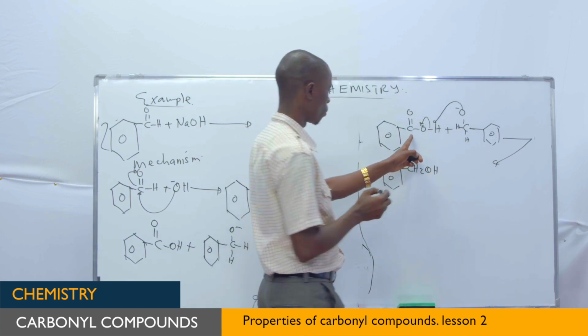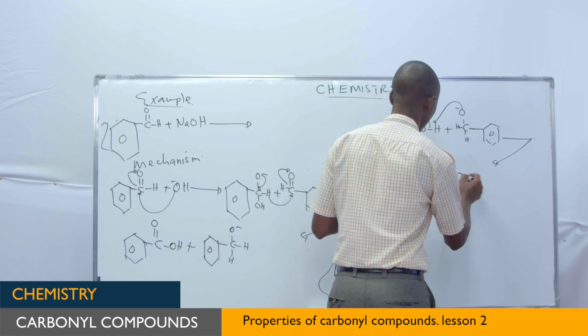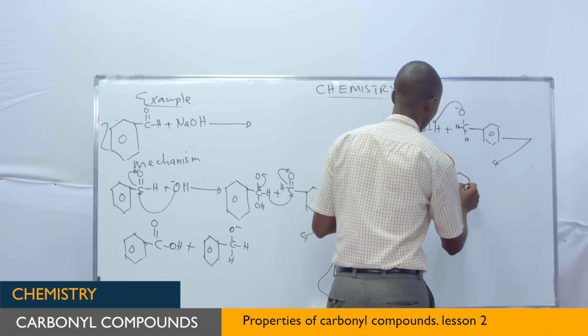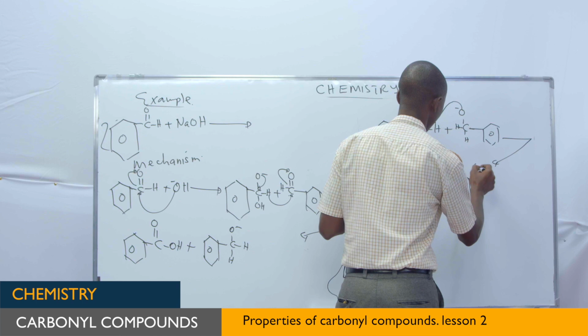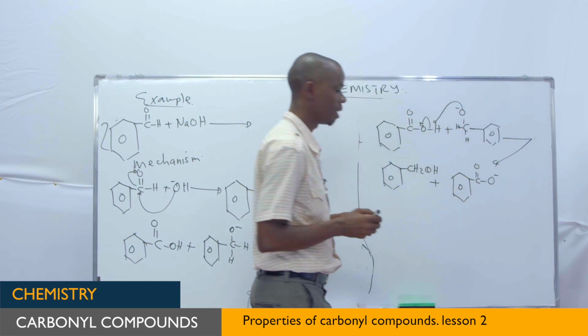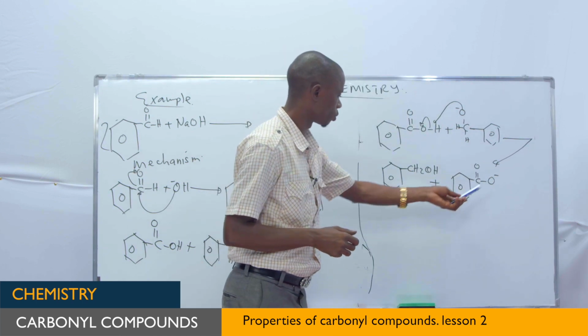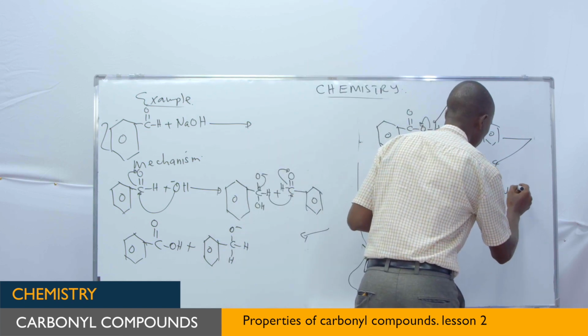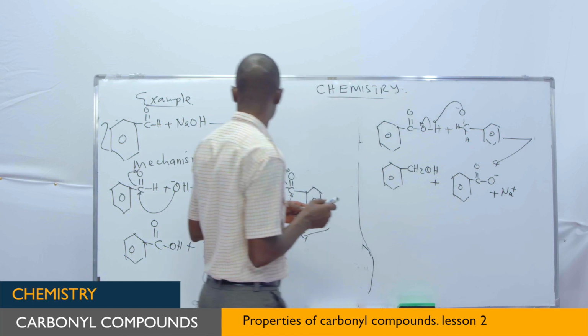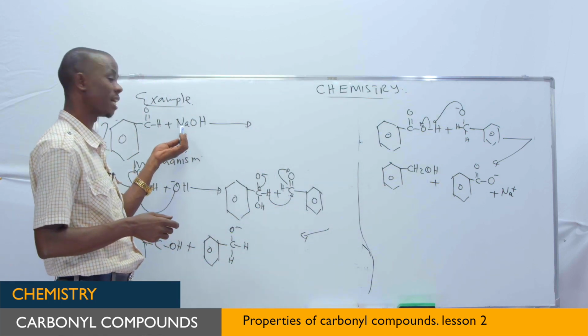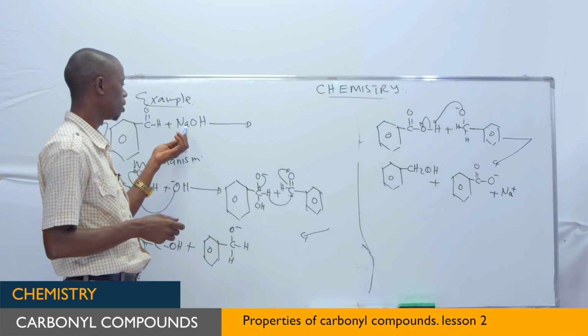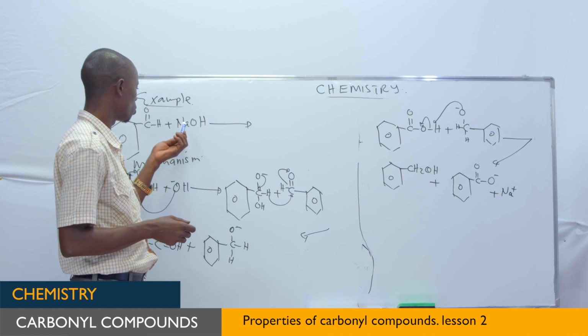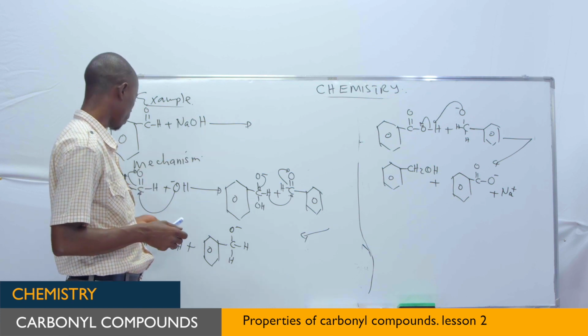But this one will be like that. So this ion will combine with the sodium ion from the first part. Sodium hydroxide breaks down to produce sodium ion and hydroxide ion.